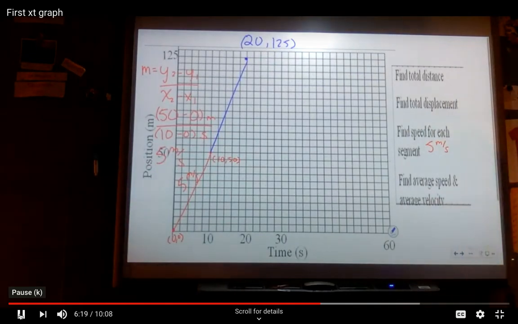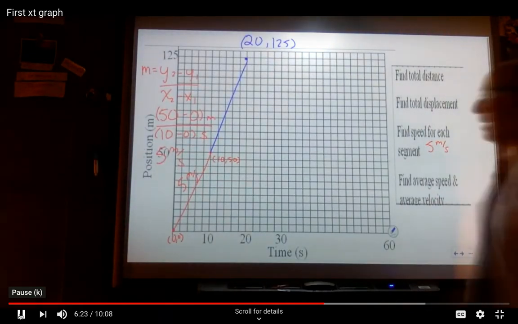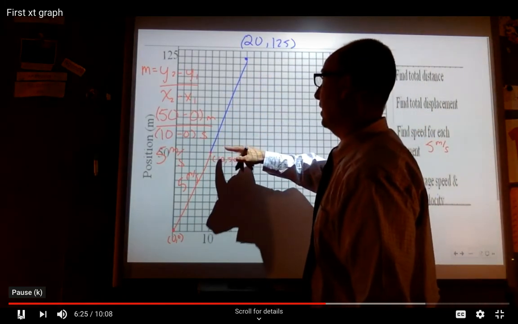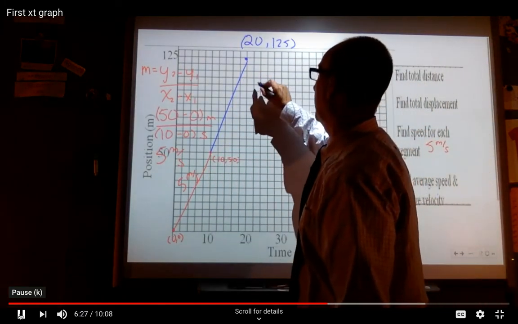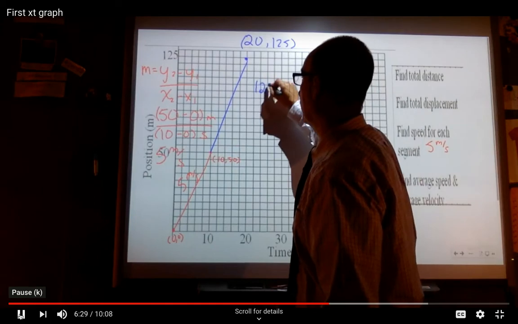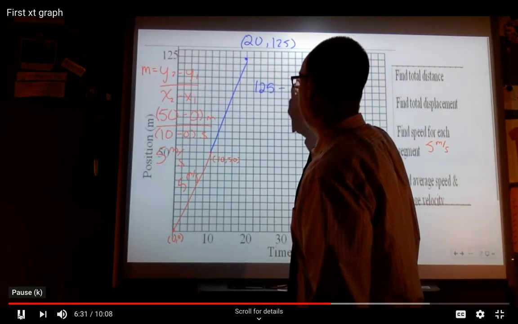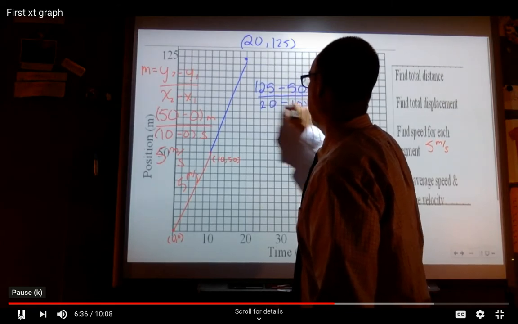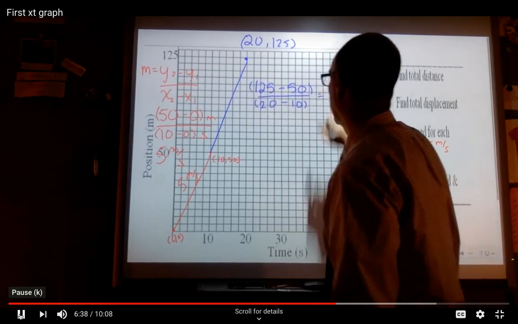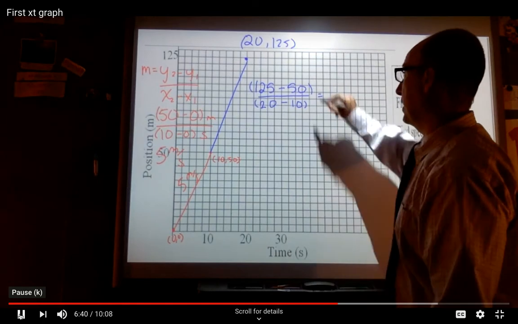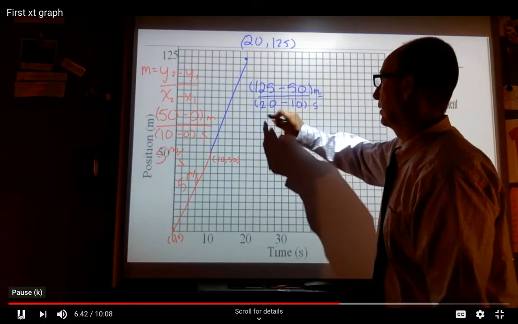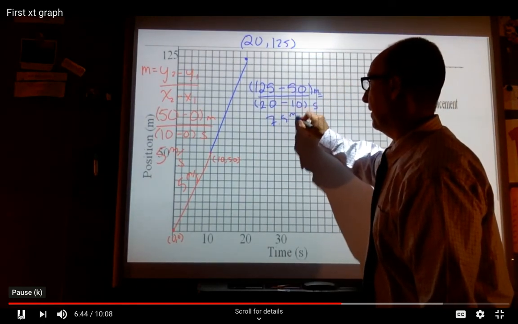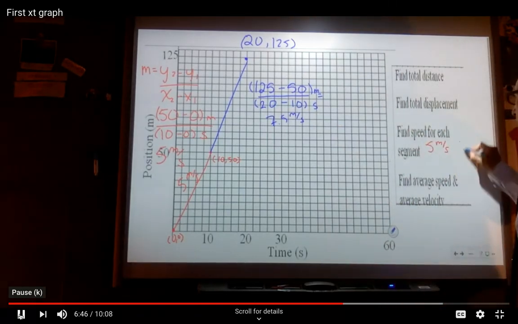So it's a little bit steeper. That's our second one. Now, if I want to find out how fast he is in this segment, again, I need to find the slope. And so I'm going to do y2, which is 125, minus 50 over 20 minus 10. And this is going to give me 7.5 meters per second.